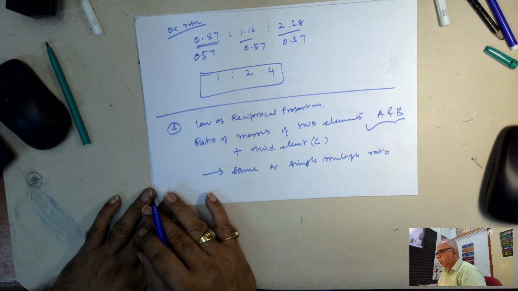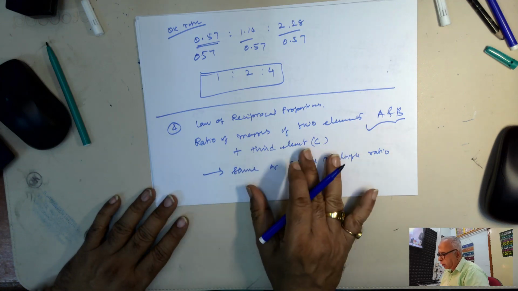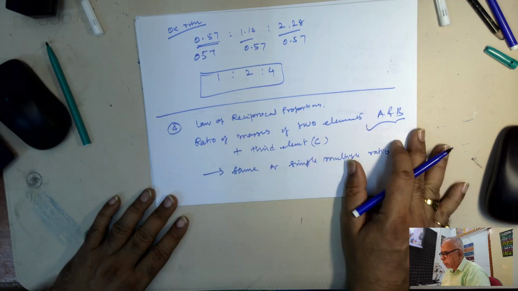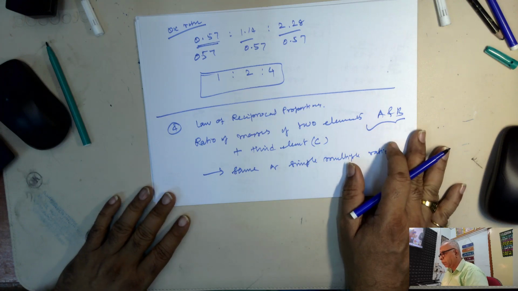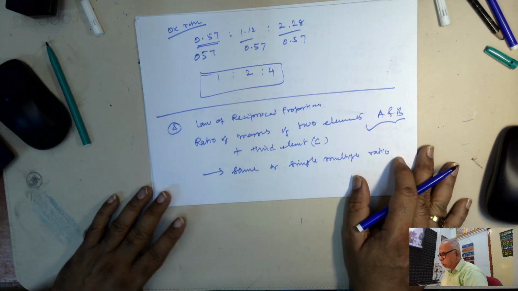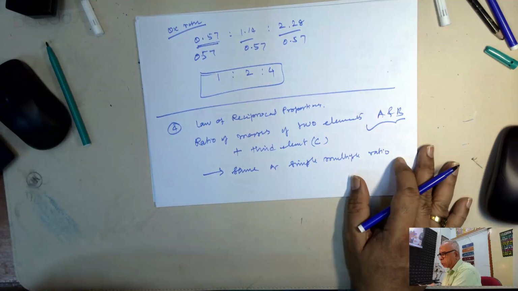Okay. Now let me explain with some examples so that you can understand the law of reciprocal proportion. Let me repeat once again. What is the law of reciprocal proportion?